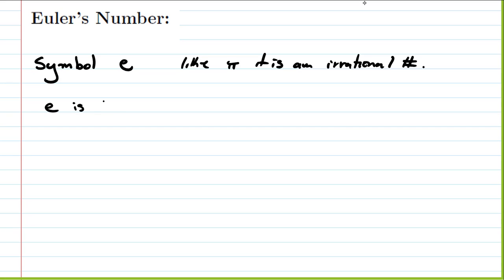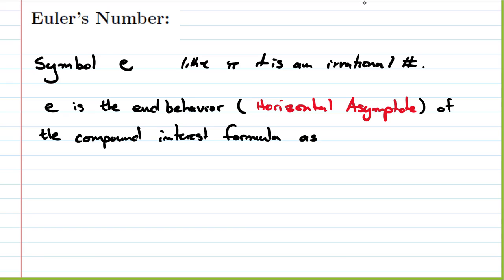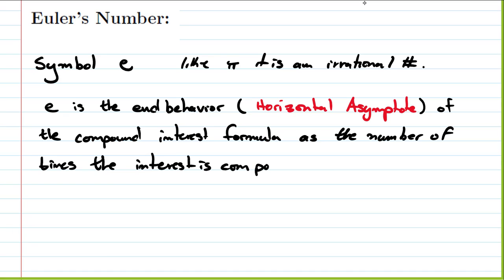E is the end behavior, or horizontal asymptote, of the compound interest formula as the number of times the interest is compounded goes to infinity.